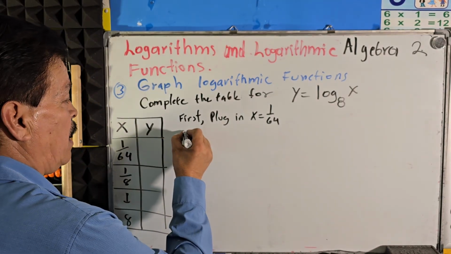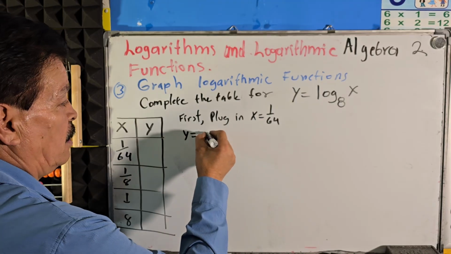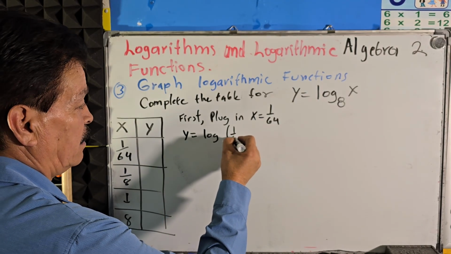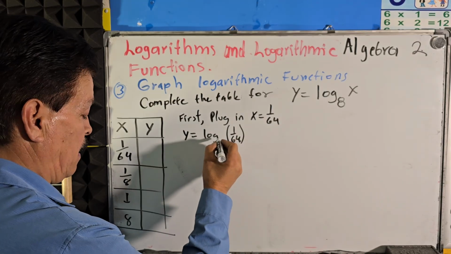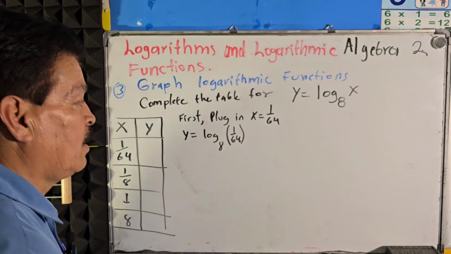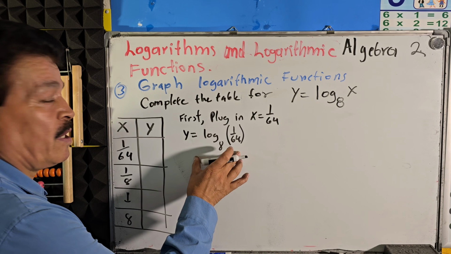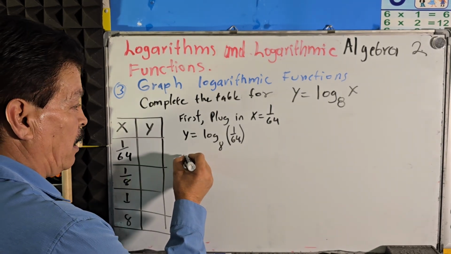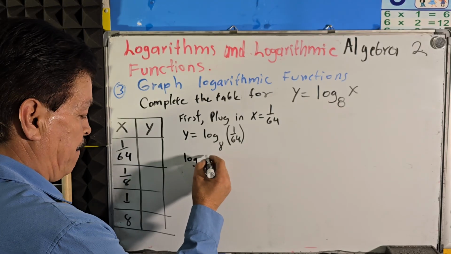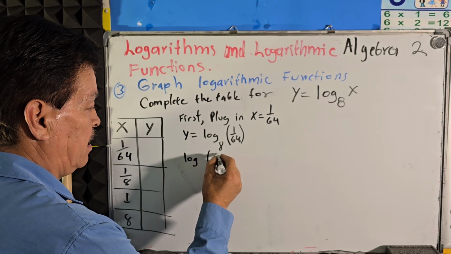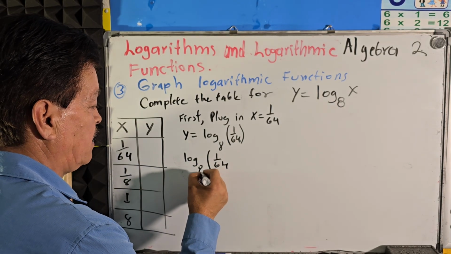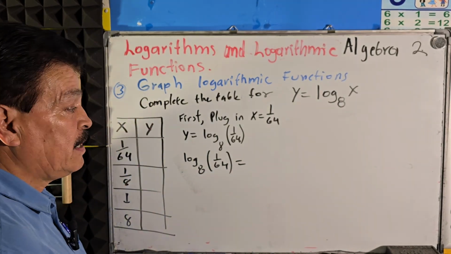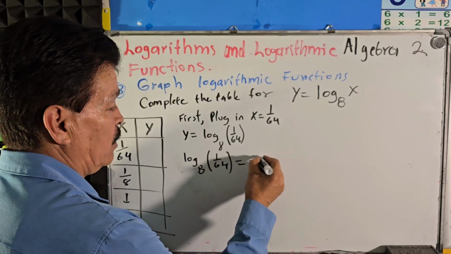So we have y equals logarithm of 1/64 with the base 8. So we substitute right now. It's very easy. Now log of 1/64 with the base 8 equals the answer. You solve this problem. The answer is -2 right here.